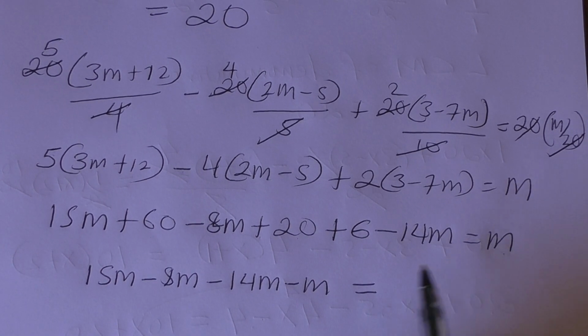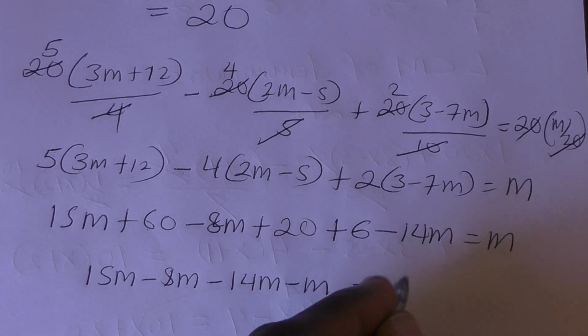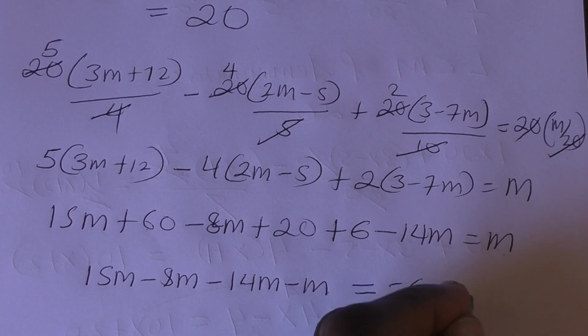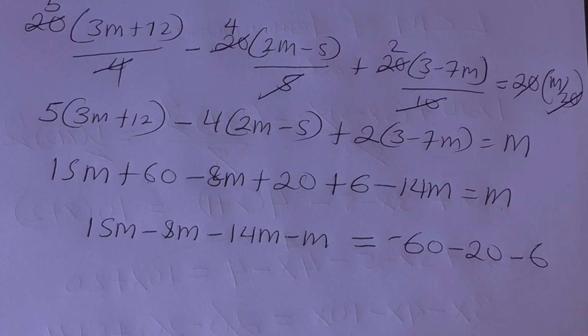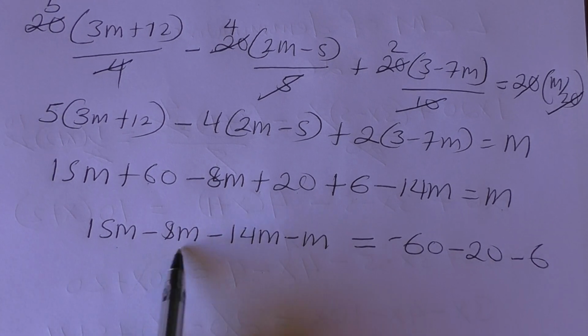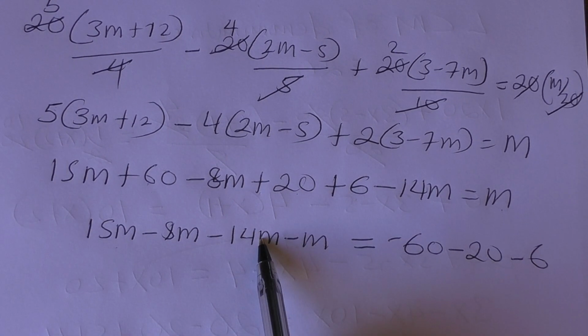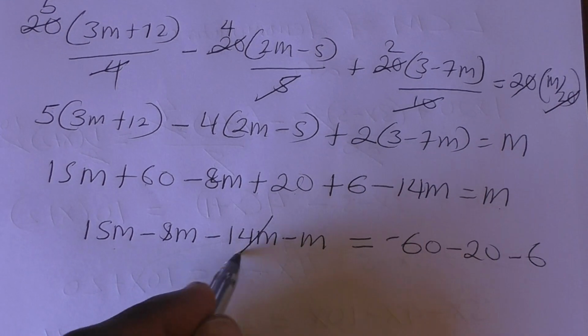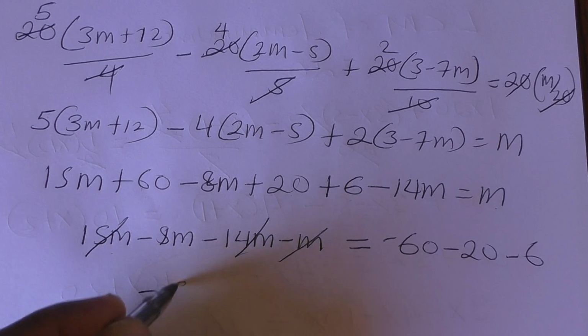That is to say, these positives will become negative, so that we get negative 60 minus 20 minus 6. Hence, this will give us negative 8m.